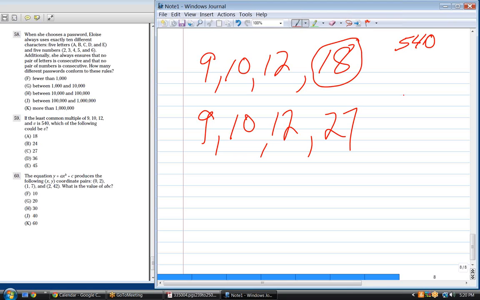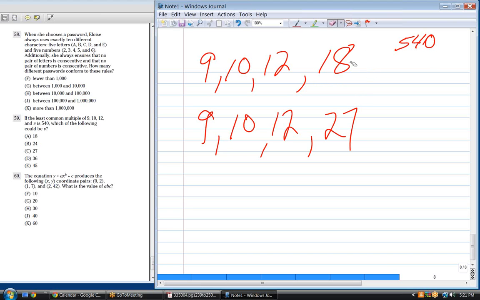I'm not sure it is. I'm not sure 270 wouldn't be. 270 is divisible by 9. It's divisible by 10. Is it divisible by 12? No. So 270 would not work.